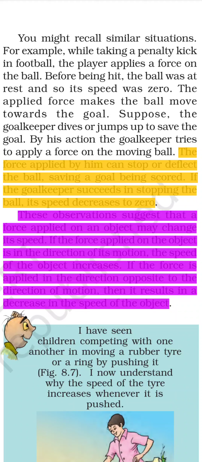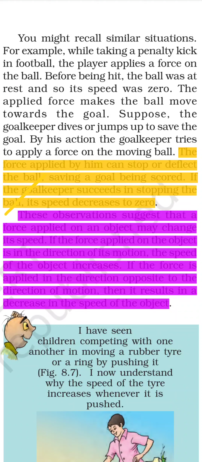By his action, the goalkeeper tries to apply a force on the moving ball. The force applied by him can stop or deflect the ball, saving a goal being scored. If the goalkeeper succeeds in stopping the ball, its speed decreases to 0.